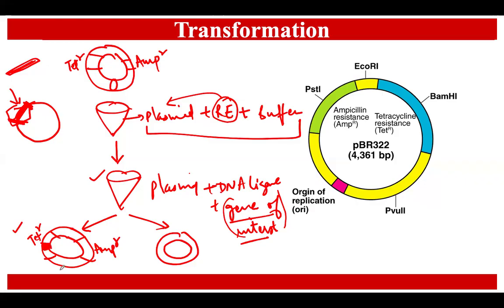So this will be known as the recombinant DNA. Or on the other hand, there is a possibility that there will be no integration of the gene of interest, which means that both the genes, that is the ampicillin resistant gene and the tetracycline resistant gene, are active. They have not been integrated with any of the gene of interest. So this is the non-recombinant plasmid.